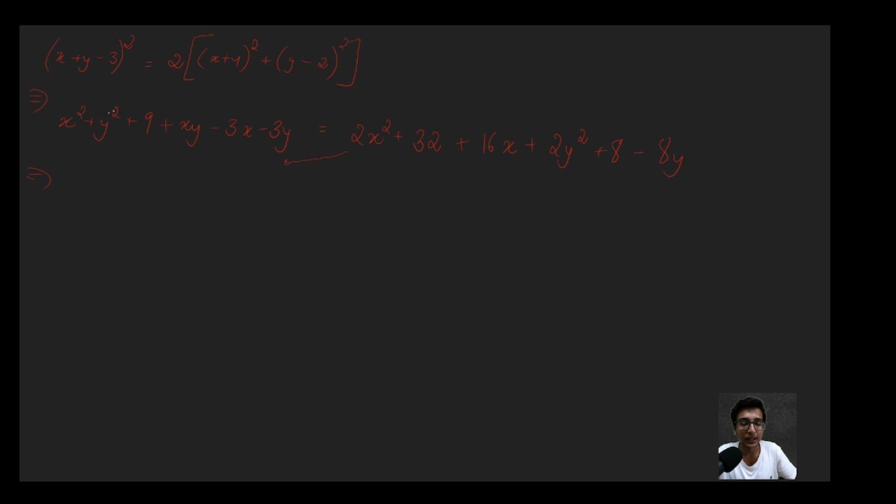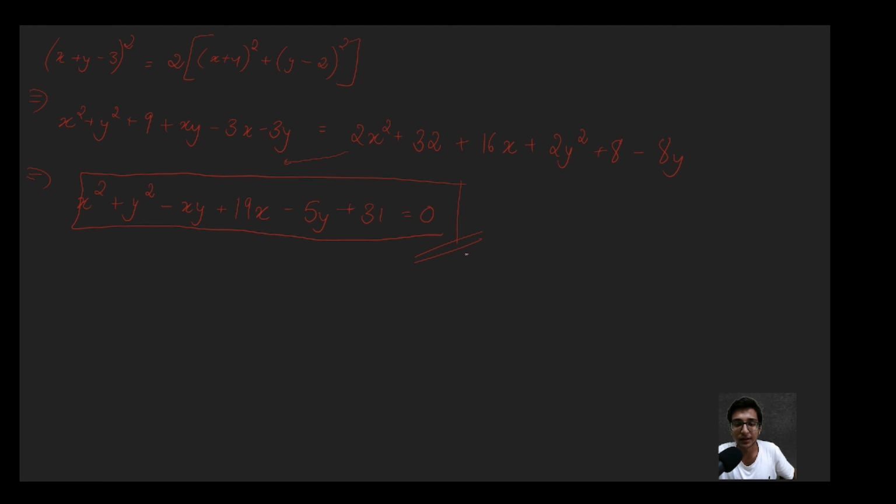By subtracting all the terms from this side, we would get x square plus y square minus xy plus 19x, from 16x plus 3x, minus 5y, from minus 8y plus 3y, and we have here 8 plus 32, which makes it 40. 40 minus 9 makes it plus 31 equals to 0. So this is our equation of the parabola.